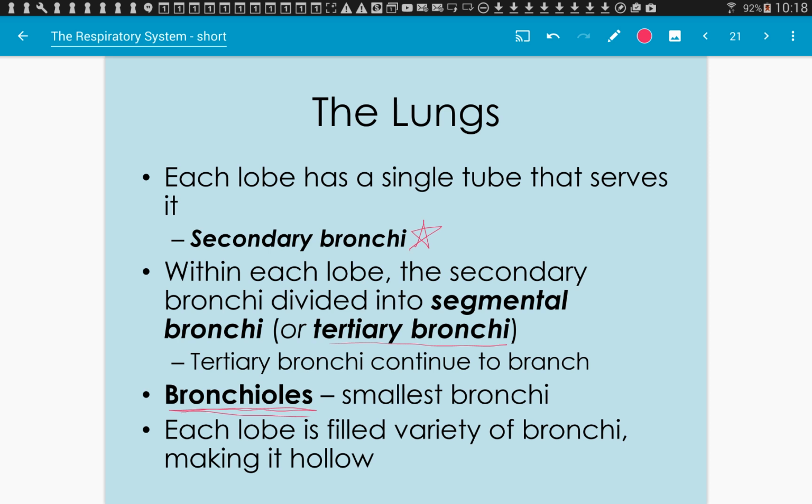So from the right primary bronchi, we actually divide it into 3. So I'm just going to kind of show it like that. And so we call those the secondary bronchi. And those go to each lobe. Okay? So we have 3 of those on the right. And then on the left, how many do we have? We have 2 secondary.